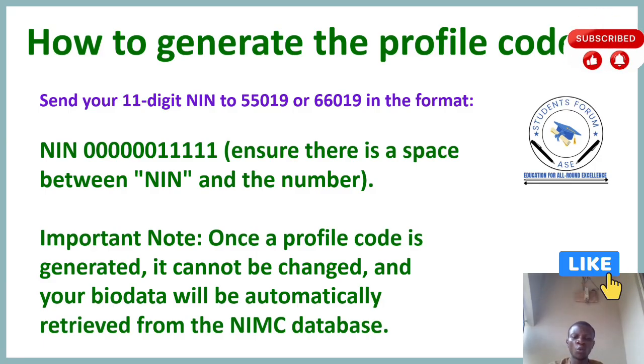One important note here: once a profile code is generated, it cannot be changed, and your biodata will be automatically retrieved from the NIMC database. That means the information you put in your NIN is what will be used for your JAMB registration. If there is any form of issue in your NIN, you must rectify it before you proceed with your JAMB registration.